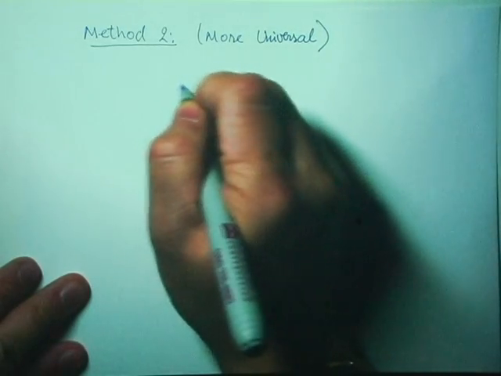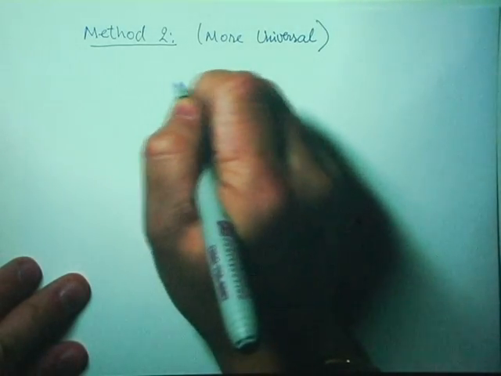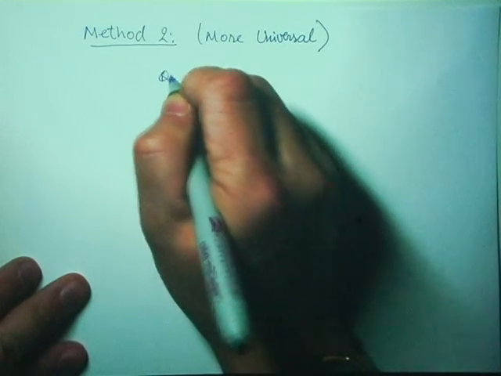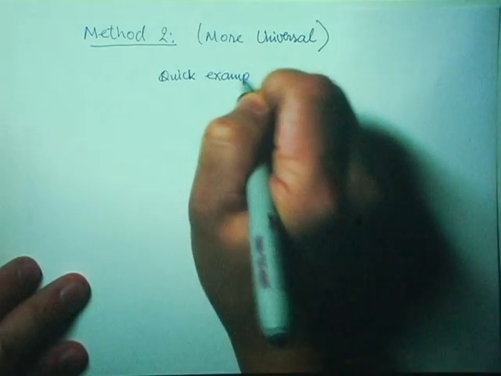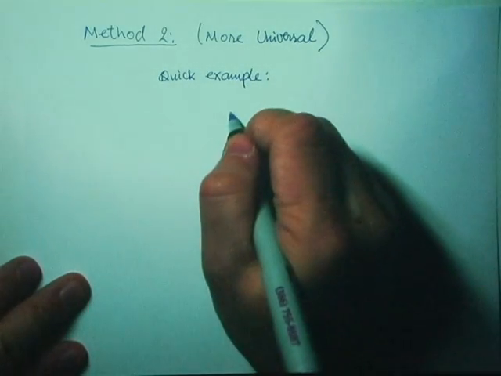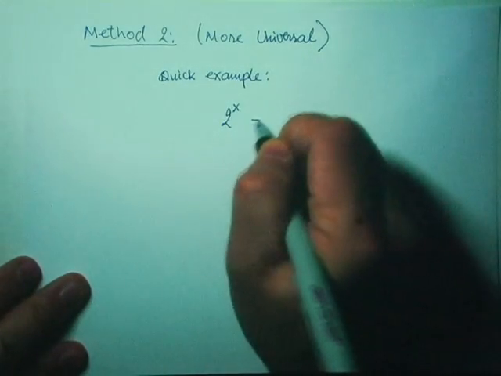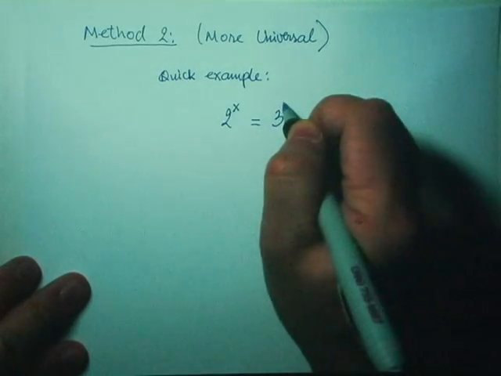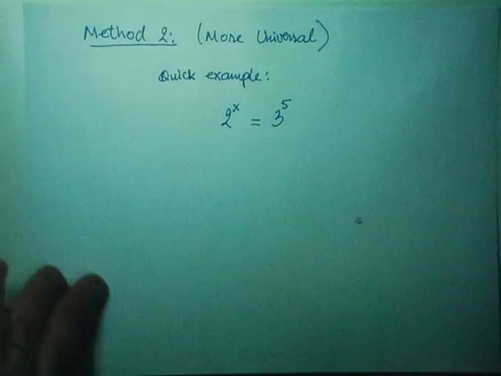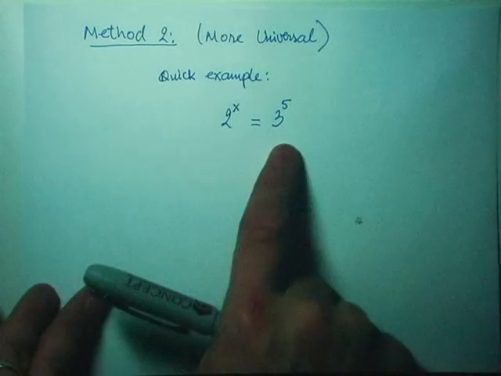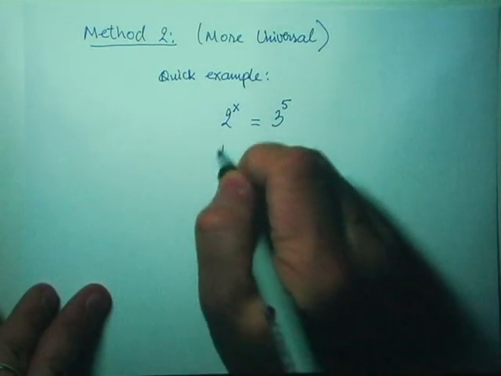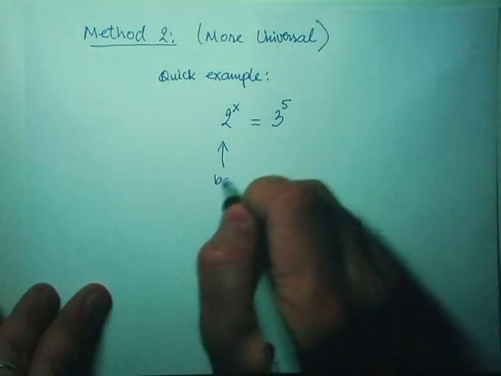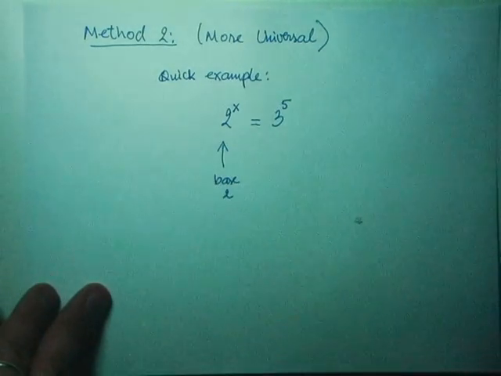Say when your equation becomes something like this. Quick example: let's say 2 to the x equals 3 to the 5th power, for example. On the left-hand side my base is 2.